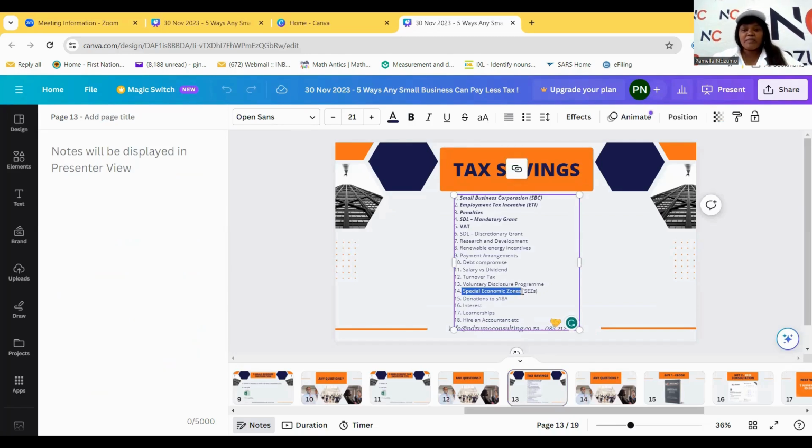So for the places that fall under the special economic zones, if they meet those criteria but earn more than 6,500, they can still qualify. I'll send you a list of what those special economic zones are, and then they could qualify for this. I just can't remember off the top of my head, and I've only got a minute left. So Gauteng is not one of them. I'll send you a list.